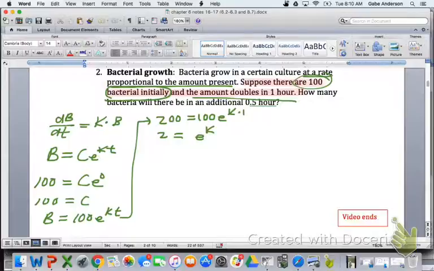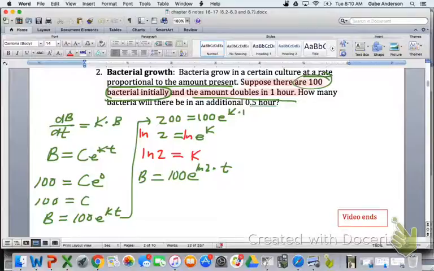How am I supposed to get that k out of the exponent? I've got to do the natural log. So I'm going to do the natural log of both sides. That's going to give me ln 2 is equal to k. So I found my k. I can then go back and say that B equals 100e^(ln 2 · t). Okay, so this is my particular solution here.